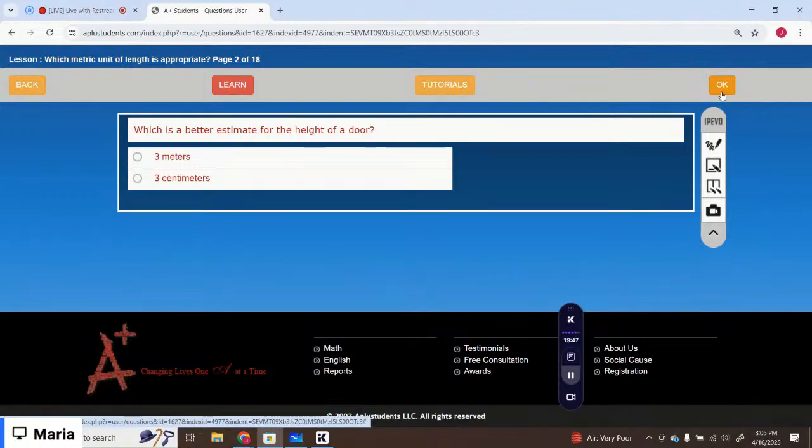Which is a better estimate for the height of a door, 3 meters or 3 centimeters?